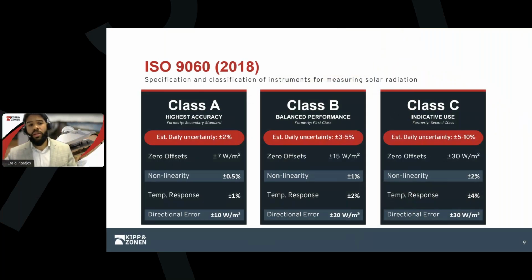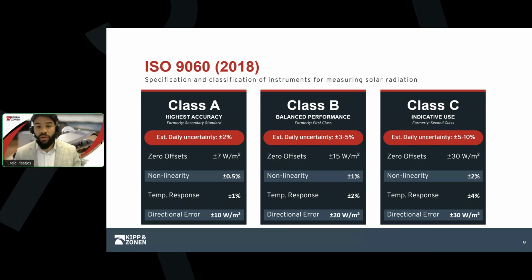The 2018 edition of the ISO standard moved away from old terminology, such as secondary standard, first class, and second class, and moved towards more simple terminology, which is Class A, B, and C. Class A is the highest accuracy, and Class C is the lowest acceptable accuracy. The standard prescribes around 11 different performance criteria.